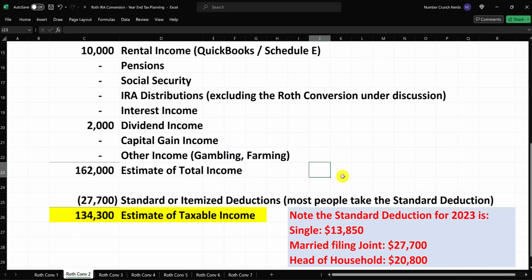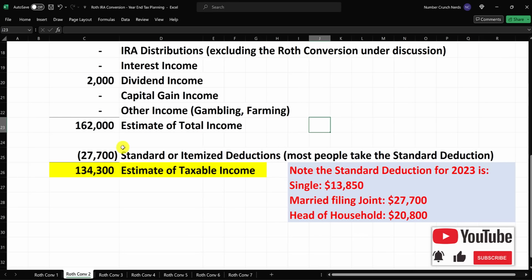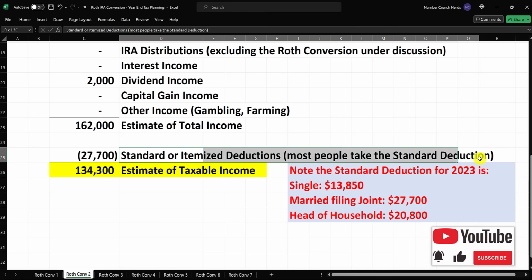Now, after you do that, there's one additional step here. You want to throw in either the standard or itemized deduction right here. Note that most people take the standard deduction. If you have no idea whether you take the standard or itemized deduction, it is highly likely you take the standard deduction. If you itemize your deductions, you probably are going to know that.